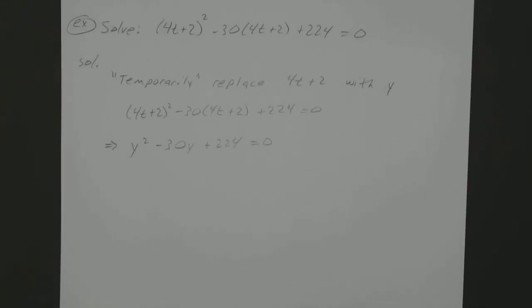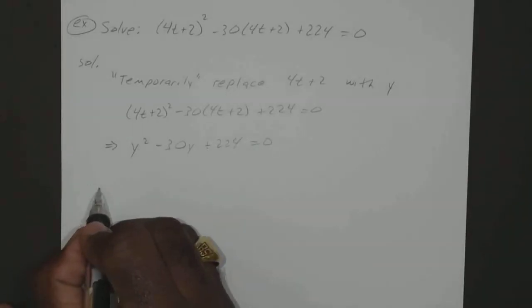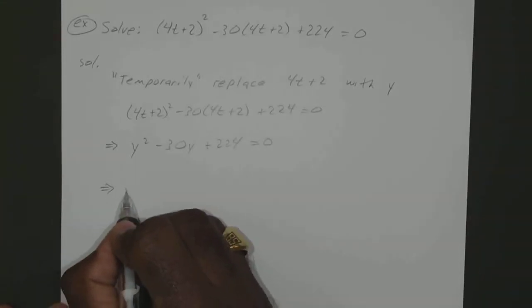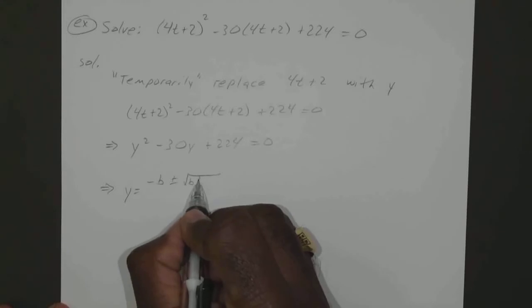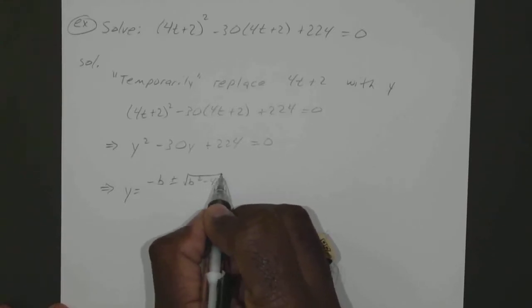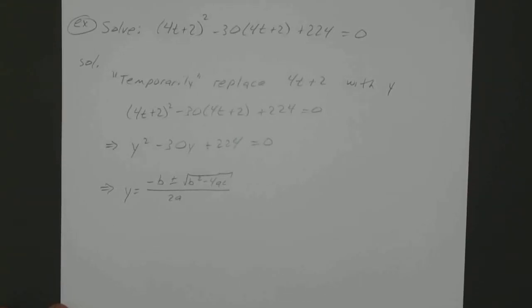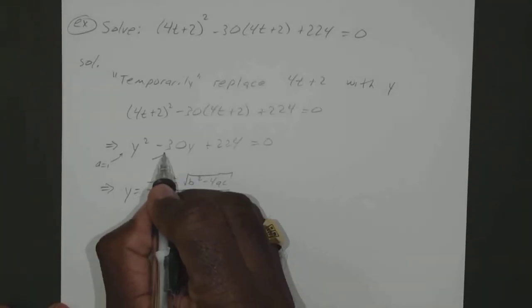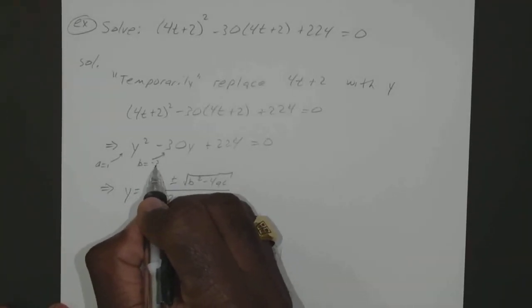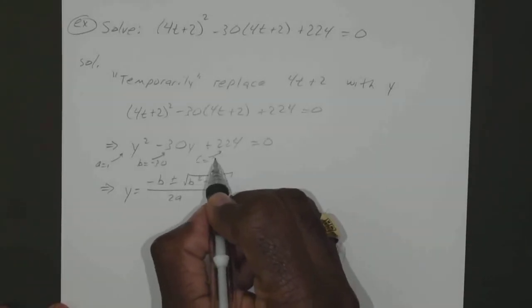So you can pick any method to solve it. I'll pick the quadratic formula to solve this one. So we have y equals negative b plus or minus the square root of b squared minus 4ac all over 2a, where we know our a is equal to 1, our b is equal to negative 30, and our c is equal to 224.